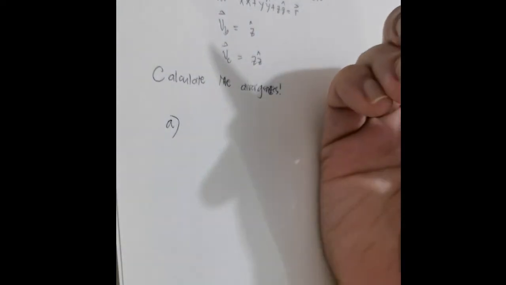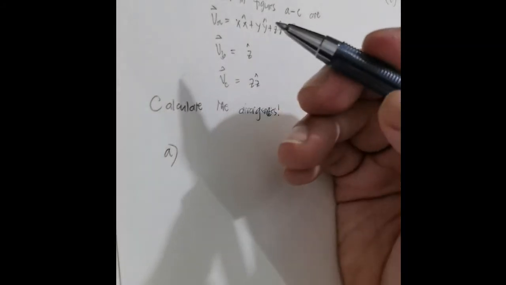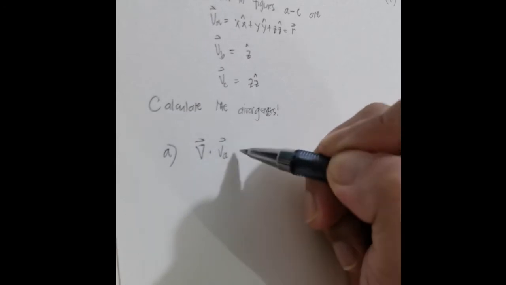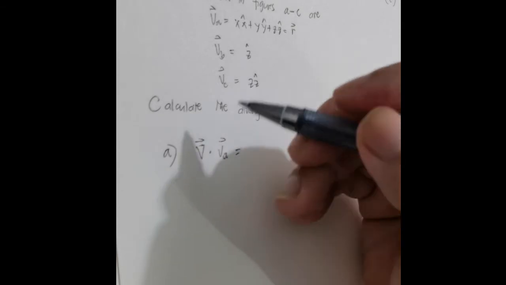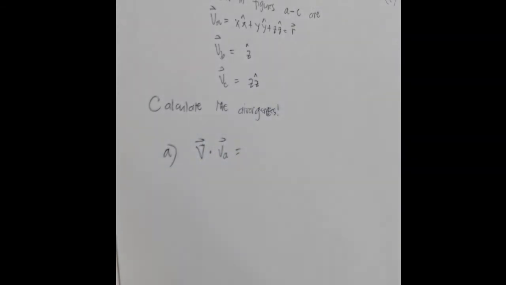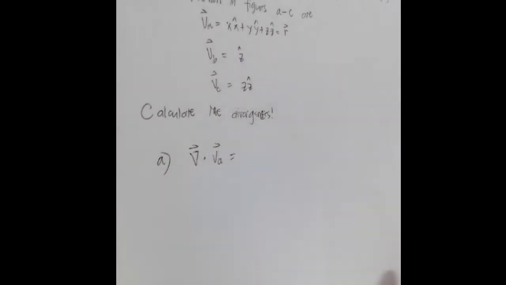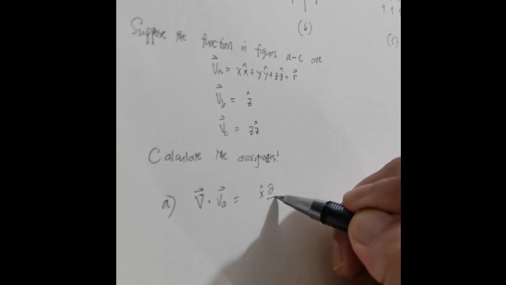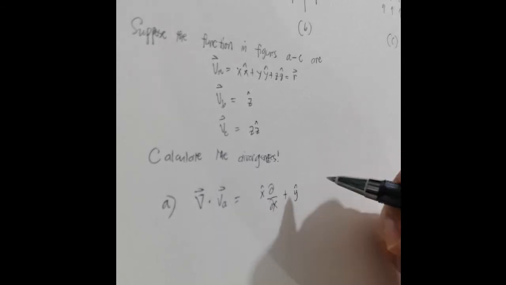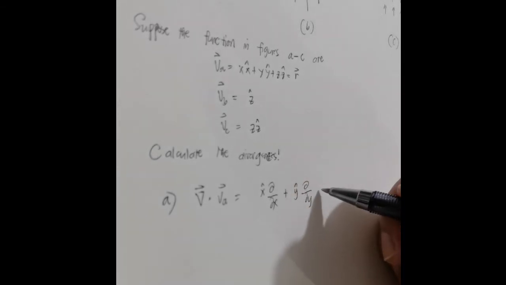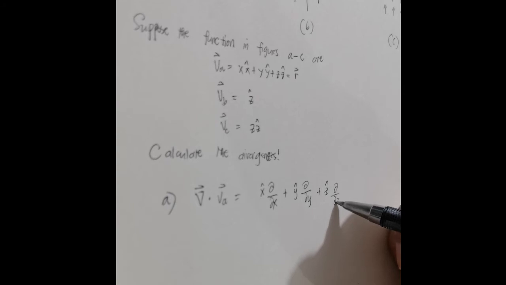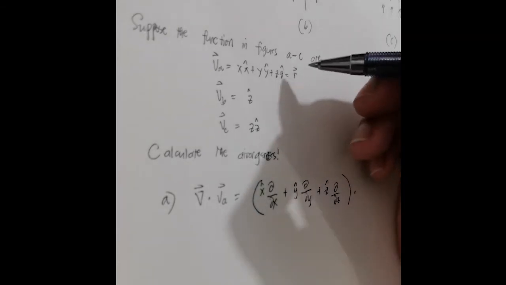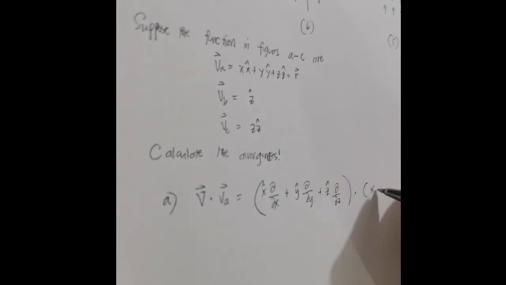For letter A, the formula for divergence is just del dot VA, and our form for the divergence is x hat partial x plus y hat partial y plus z hat partial z, and then dot with our vector equation, this one.